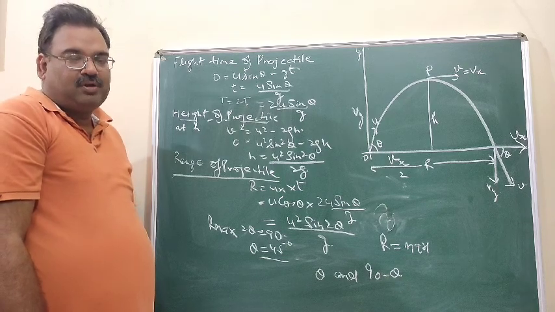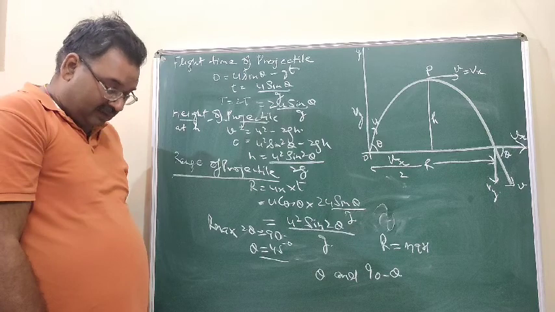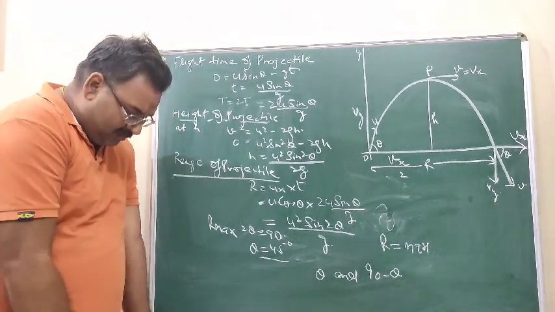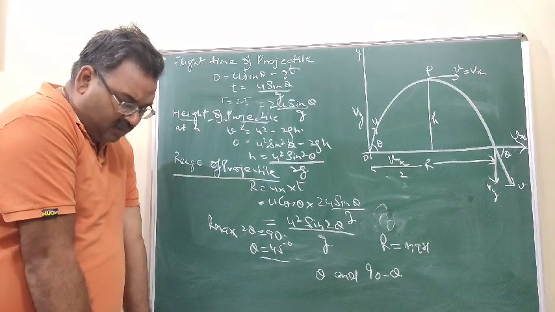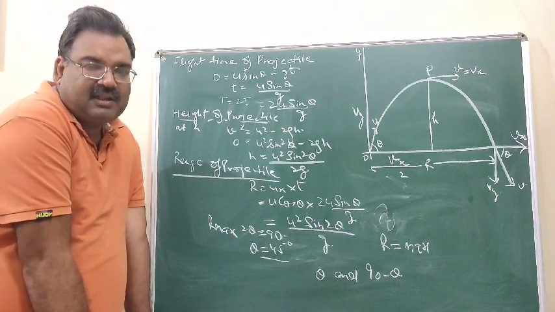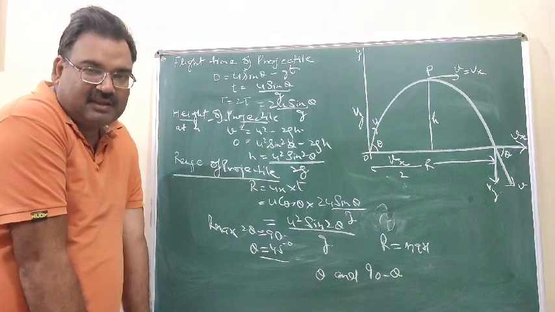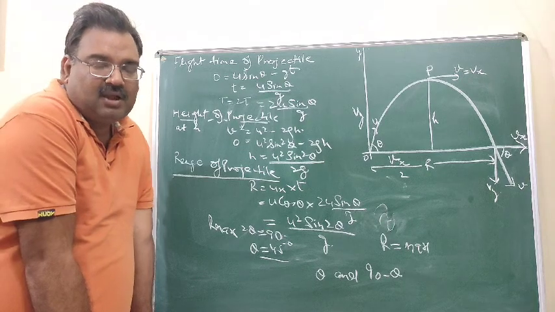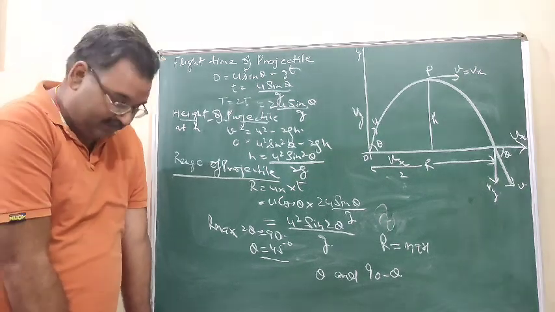If we throw any body at theta or at 90 - theta, the range will be the same. For example, you can see in the diagram in the book, the ball is kicked at an angle 30 or at an angle 60. They will fall at the same point. If we kick at 30 degrees or at 90 - 30, that is 60 degrees, both will fall at the same spot.